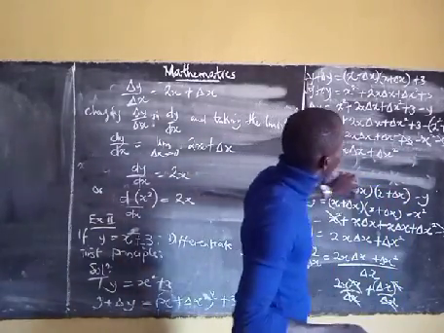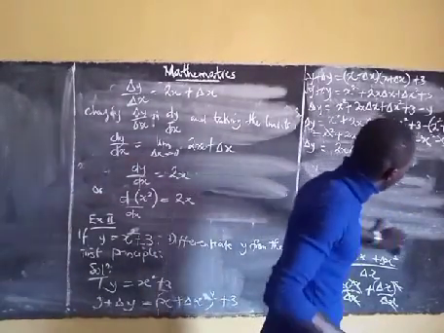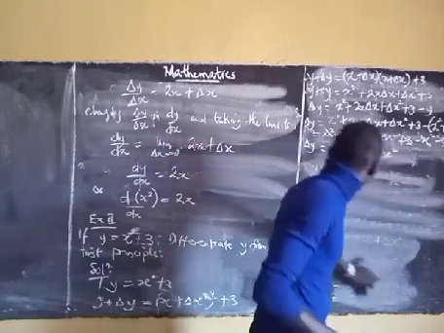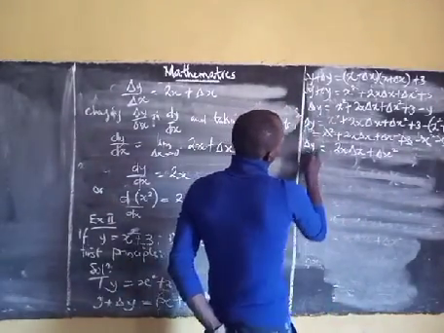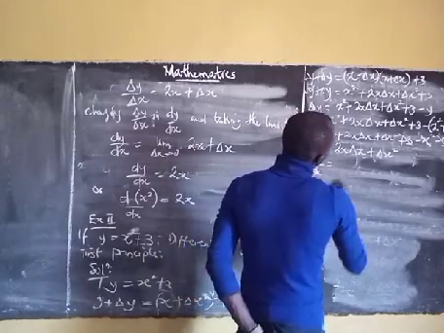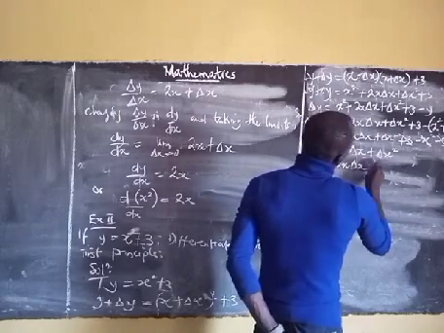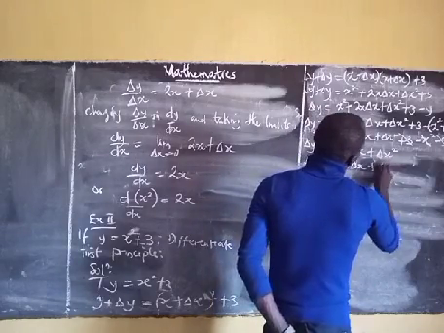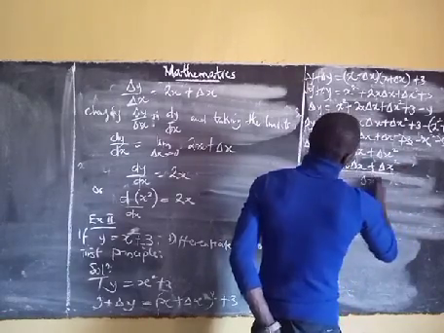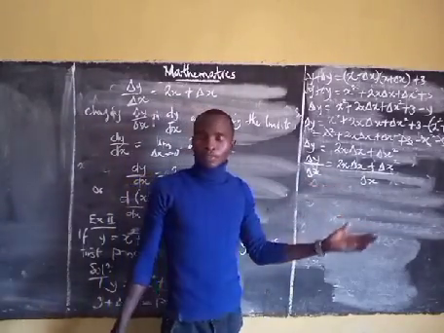And here now we will divide it by delta x, and that results in change in y over change in x equals 2x delta x plus delta x squared, all divided by delta x. My dear viewer, hope you are following.